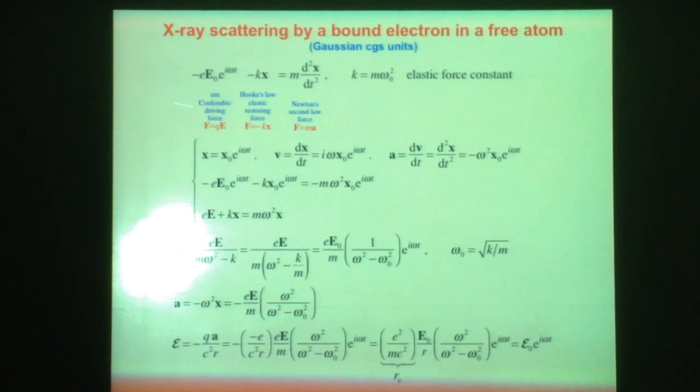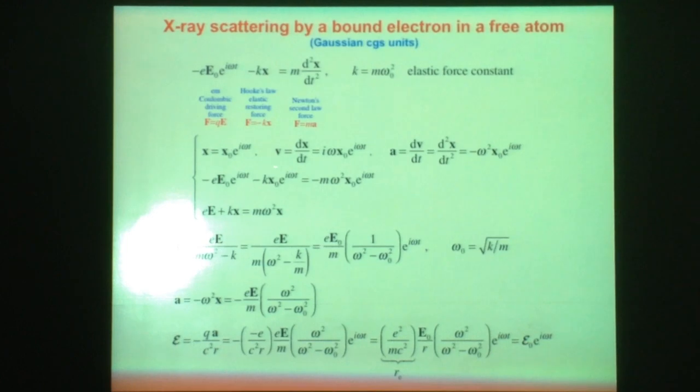Well, this differential equation has a solution of the form x naught e to the i omega t, solving for x here. So now we consider, well, what about the velocity of the electron under these conditions of motion? Well, we have to differentiate the displacement of the electron from its mean position, say.